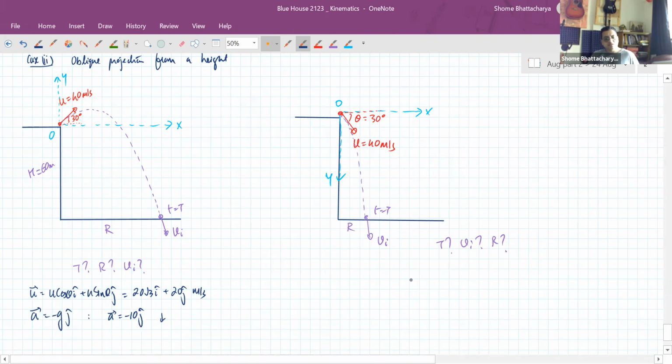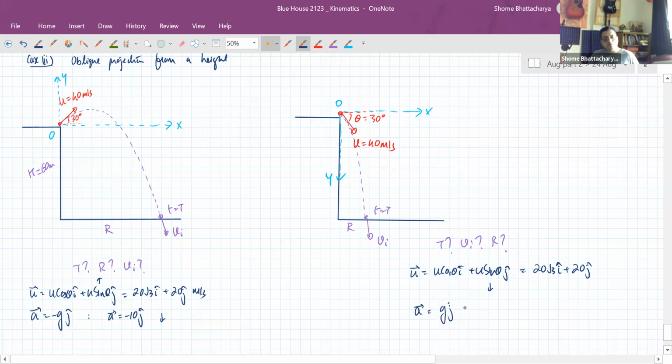Whereas in this case, because I've taken the y-axis downwards, again the initial velocity is by the same formula, u cos theta i cap plus u sin theta j cap. But this time this is a downward component, whereas here this was an upward component, because the y-axis is different. So the initial velocity here is 20 root 3 i cap plus 20 j cap again. The acceleration therefore will be written with a plus sign now.